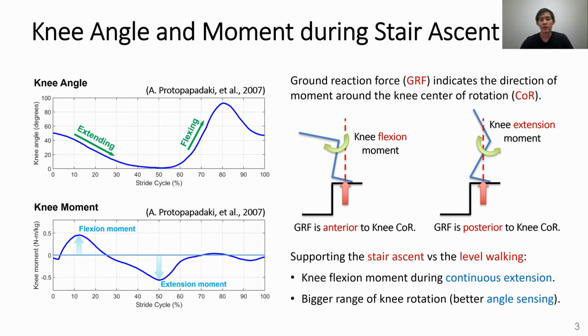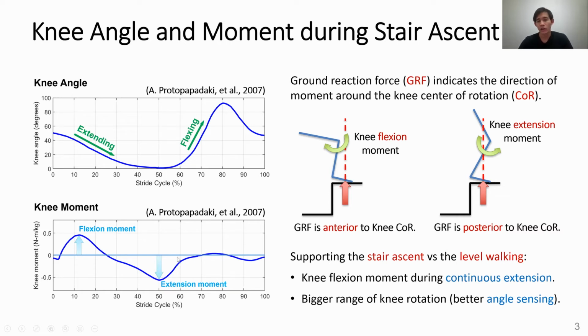And yeah, stair ascent still has some advantages compared to level walking. The first advantage is that we require the flexion moment during the continuous extension of the knee, and the angle that changes during the stance phase of stair ascent has a big range. In this plot, maybe from 50 to 0 degrees.